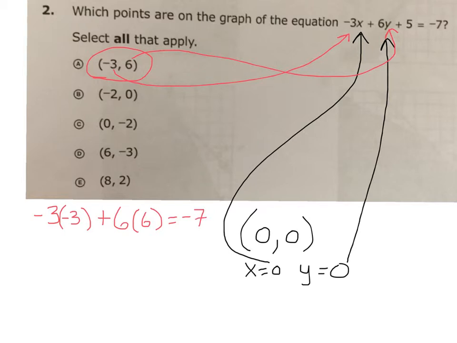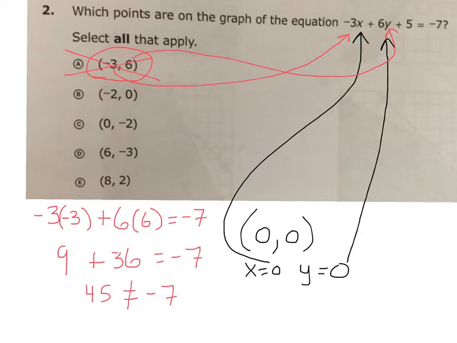Negative 3 times negative 3 is 9. Plus 6 times 6 is 36. And I can already tell that's not going to be negative 7, right? 9 plus 36 is 45. Does 45 equal negative 7? Negative. It does not. And so A is not a choice.